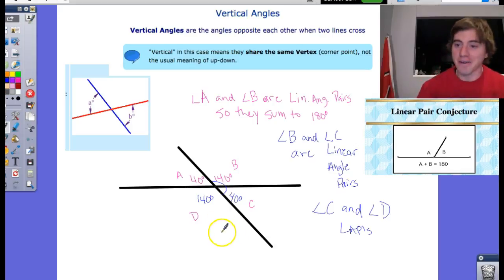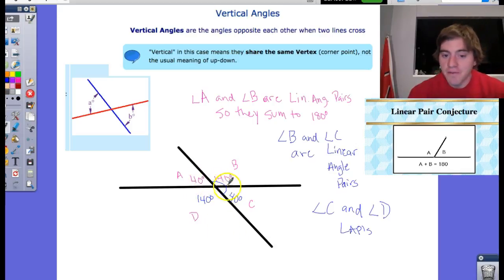Well, what do we notice here? These vertical angles, the ones that share the vertex and are opposite of each other, are the same. And that happens because these are all linear angle pairs all the way around. They all have to be supplementary, which means they have to add up to 180. So 40 and 140 are linear angle pairs, sum to 180.